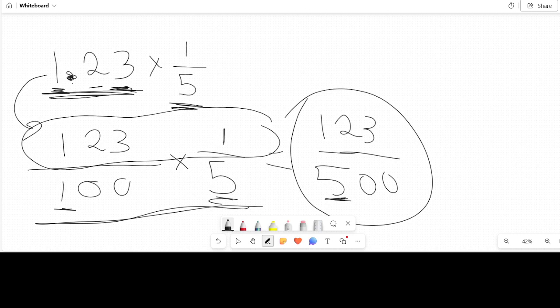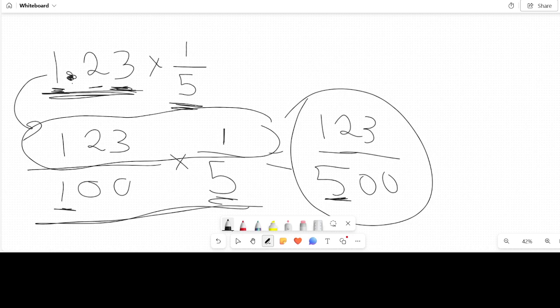So I'm going to think to myself, what is my next closest base 10 number to 500 that I could multiply to? I know that 5 times 2 is 10. So if I'm doing 500 times 2, I'd get 1,000.